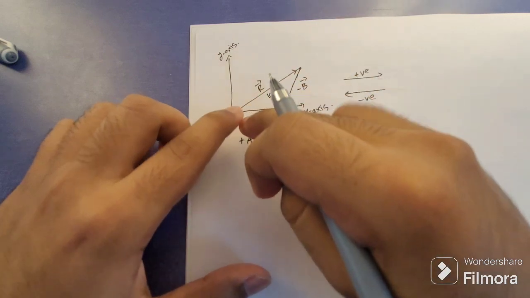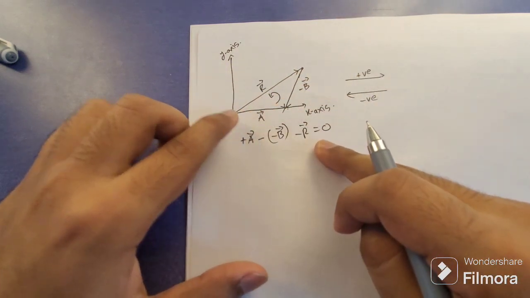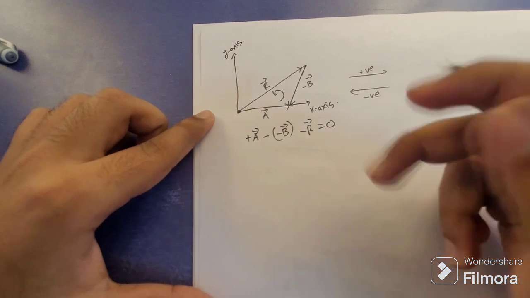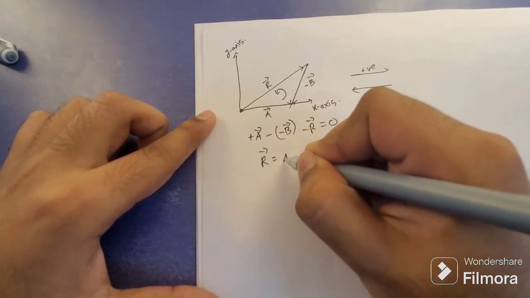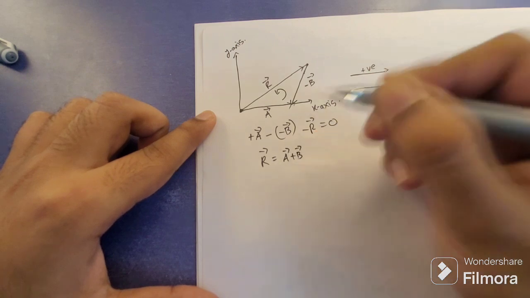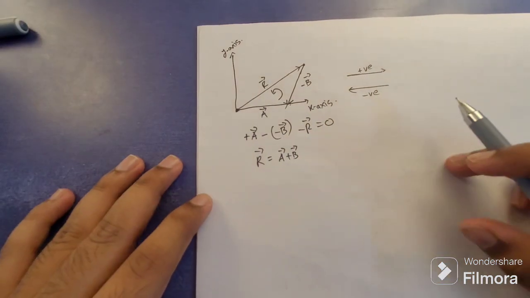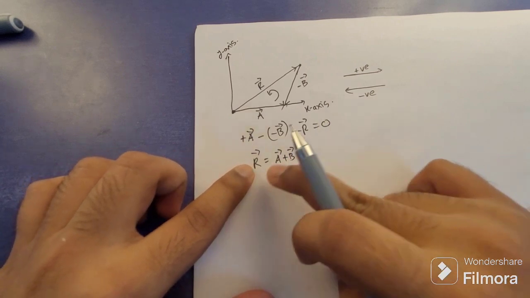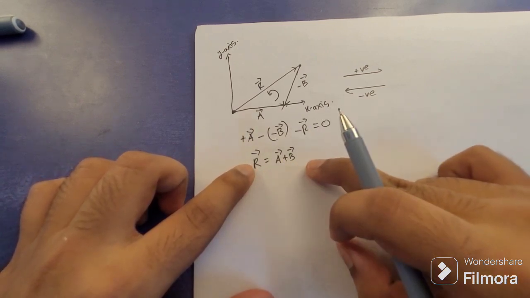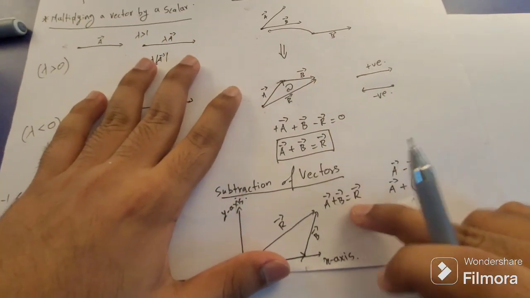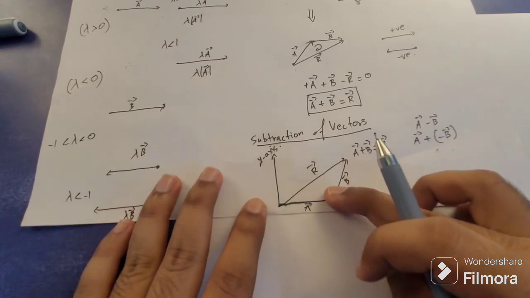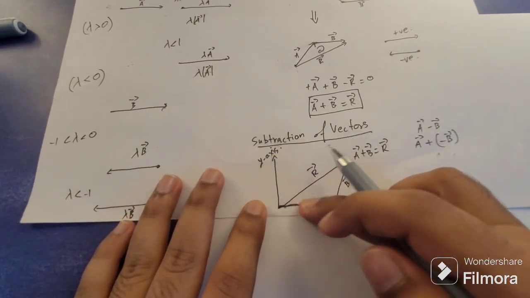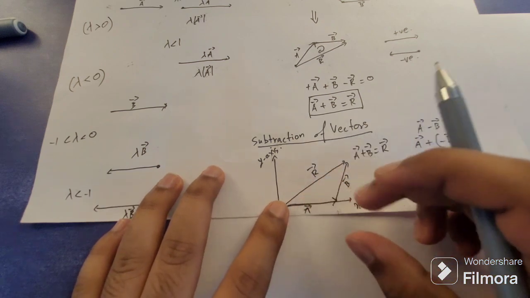And the sum along a closed loop is always 0. Now if I rearrange this, so now we again end up with the same result, r vector equals a vector plus b vector, and that is actually correct because we started by stating that r vector equals a vector plus b vector, and as I mentioned, the sum of all vectors along a closed loop is always 0.